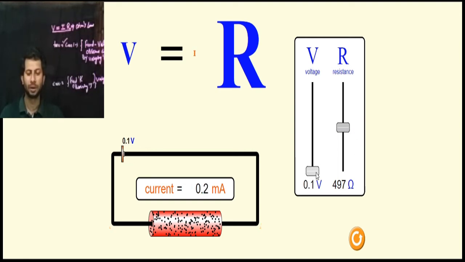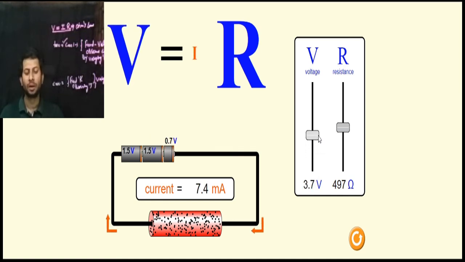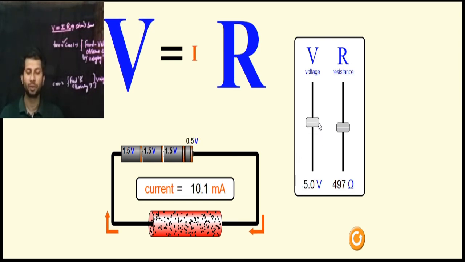You can also observe the size of the letter V shrinks, and the size of I is also decreasing. And if we increase the value of voltage, the size of the letter V, which represents the voltage, increases gradually.